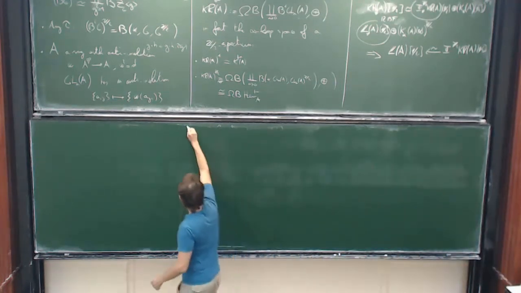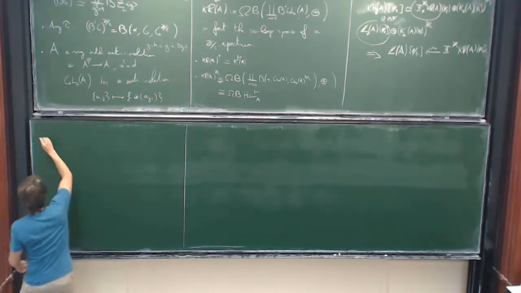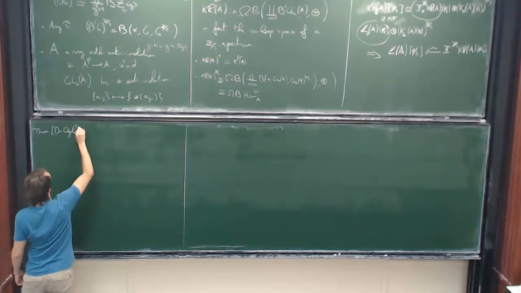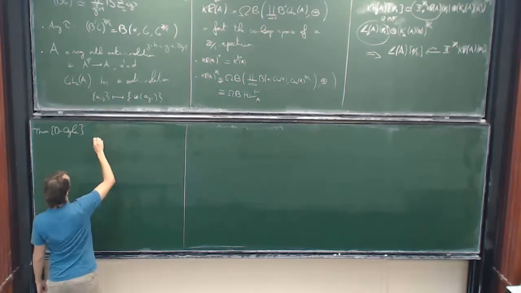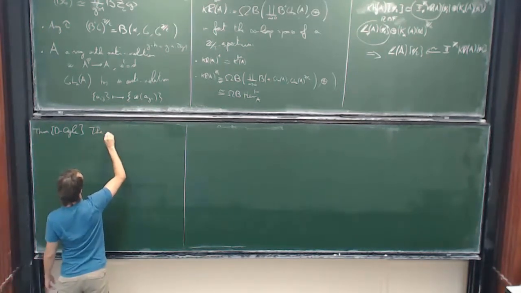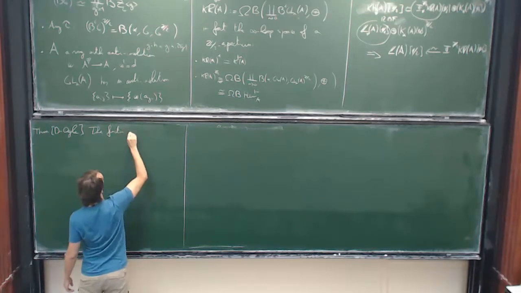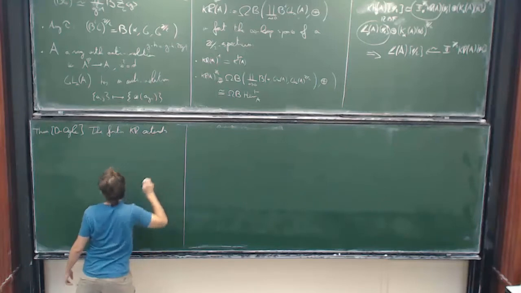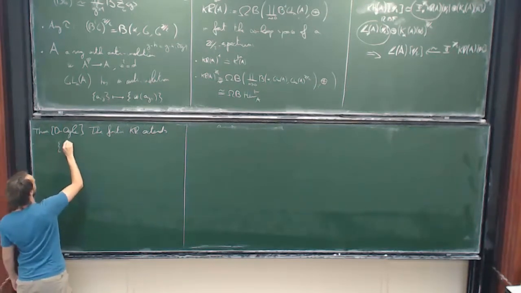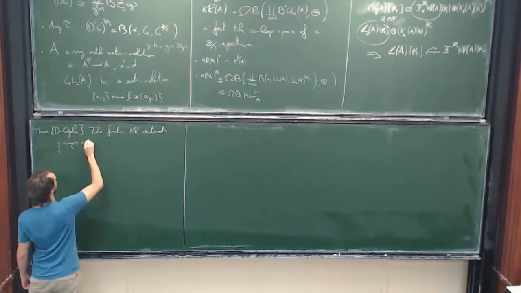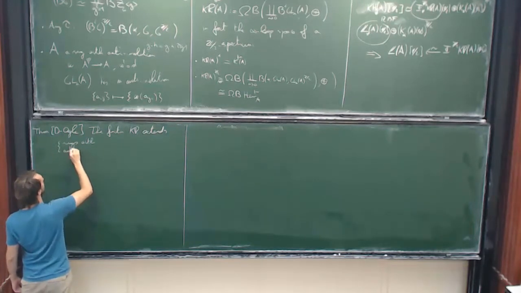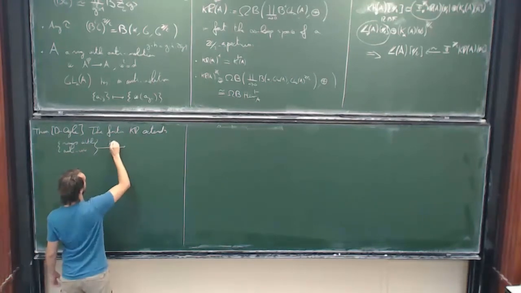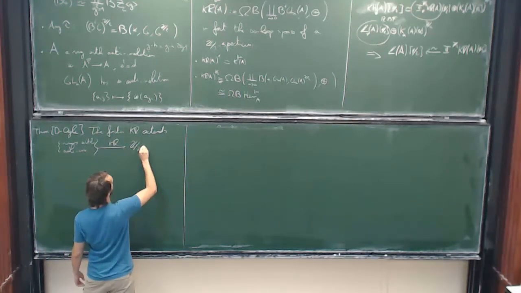So let me state this as a theorem. Is that the functor KR extends as follows. You have rings with anti-involution. And this functor KR to Z2 spectra.